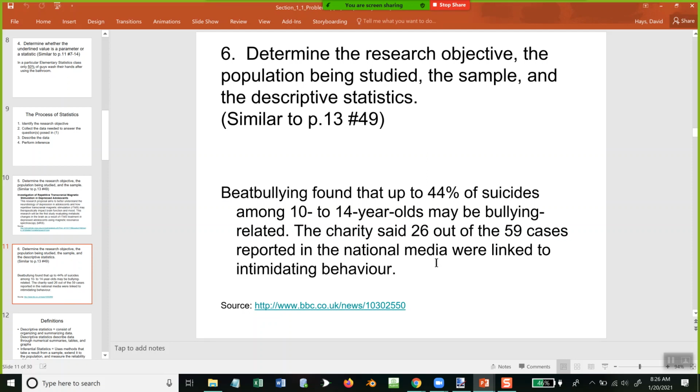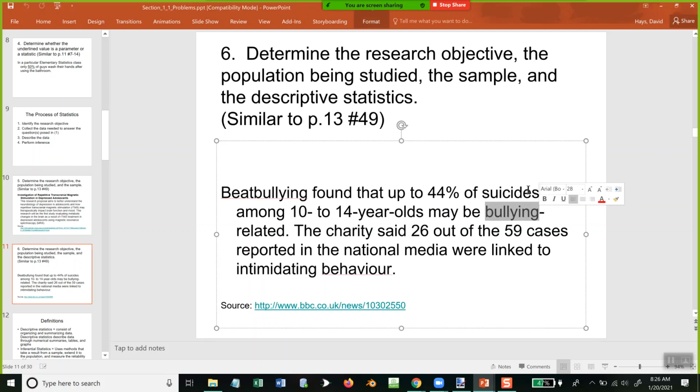Okay, research objective. What are we studying? Whether bullying causes suicides, right? Population being studied.